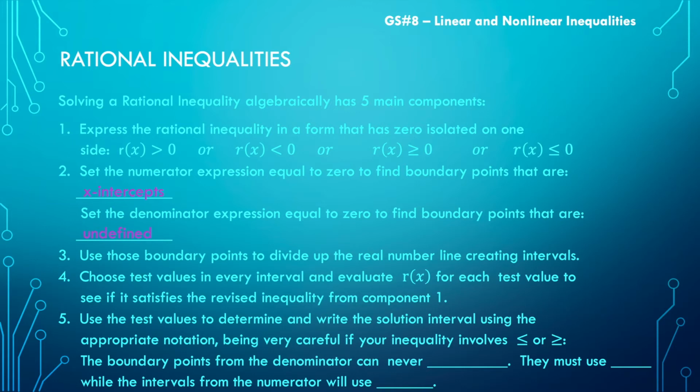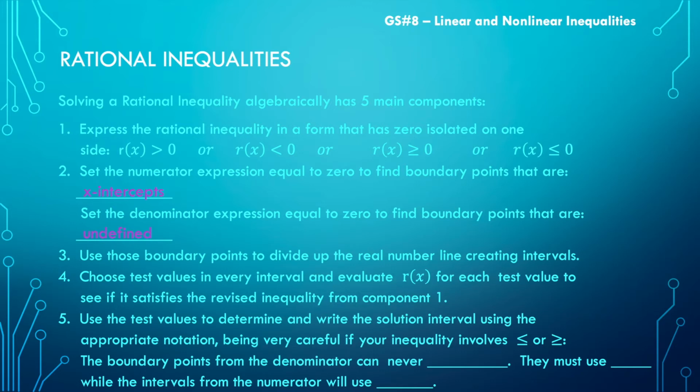Okay, so now the other steps that we used before, number 3 and number 4, are exactly the same. The only thing that is different is we need to be really careful when we get to writing our solution. And that is because if your inequality involves less than or equal to or greater than or equal to, we need to be careful because our denominator cannot equal 0. Remember, we can't divide by 0.